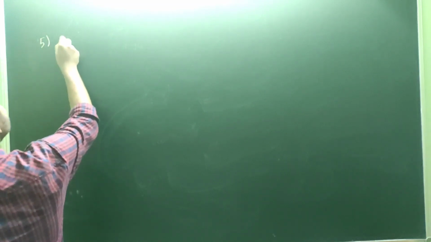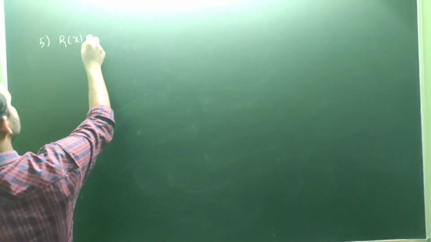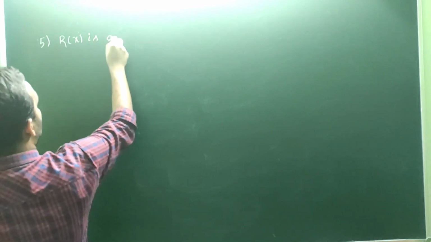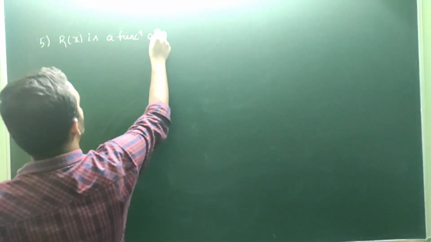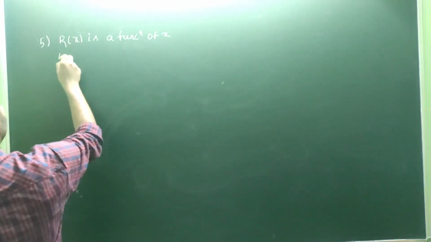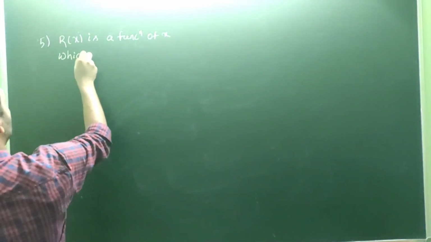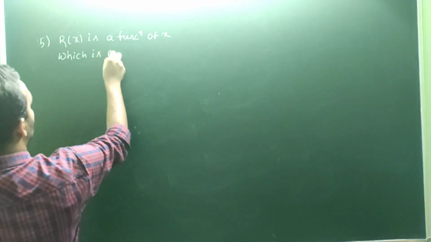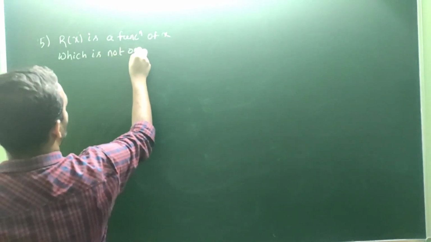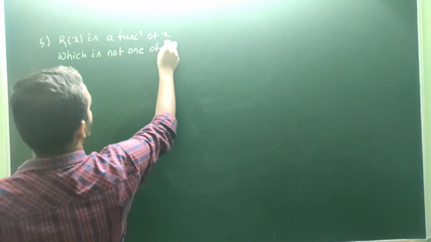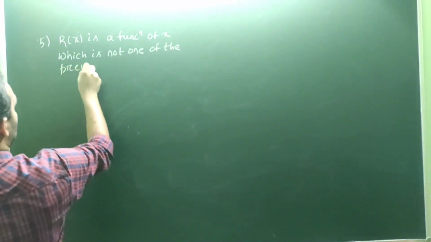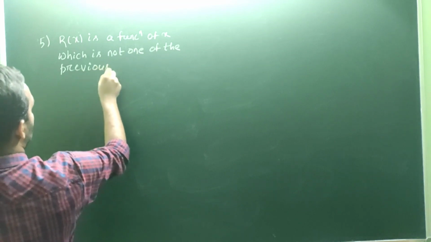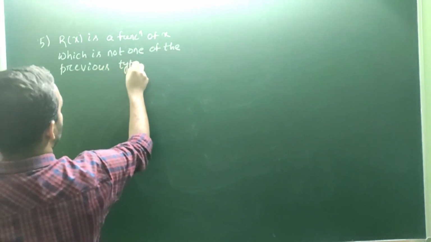Okay, so here let me take the fifth one. In this case, r of x is any function of x which is not one of the previous types.